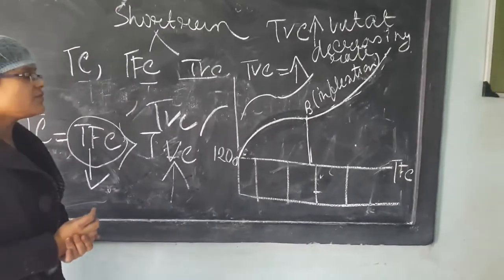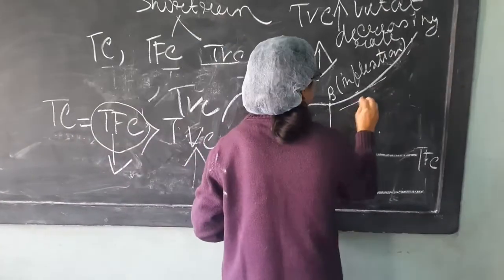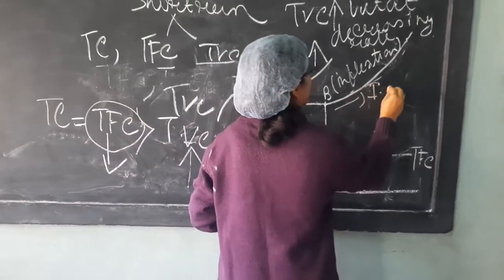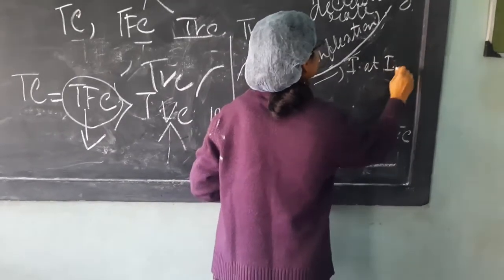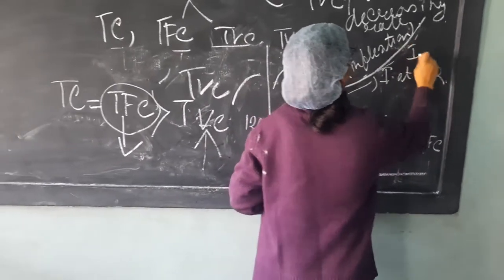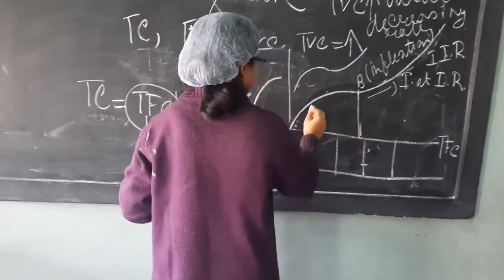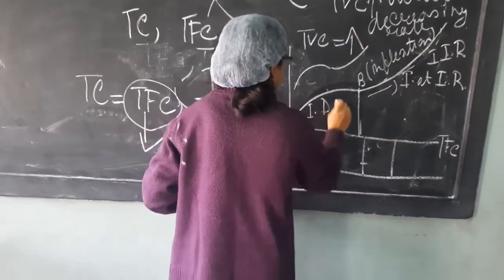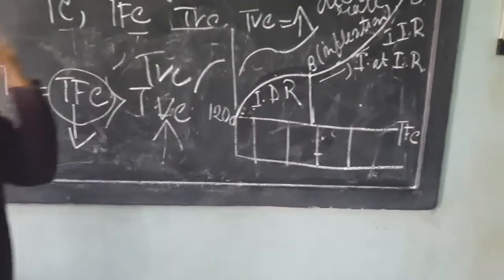After the point of inflection, TVC will increase at an increasing rate. It is called IIR, increase at increasing rate. This is increase at decreasing rate. IDR and IIR. Okay, TVC curve.